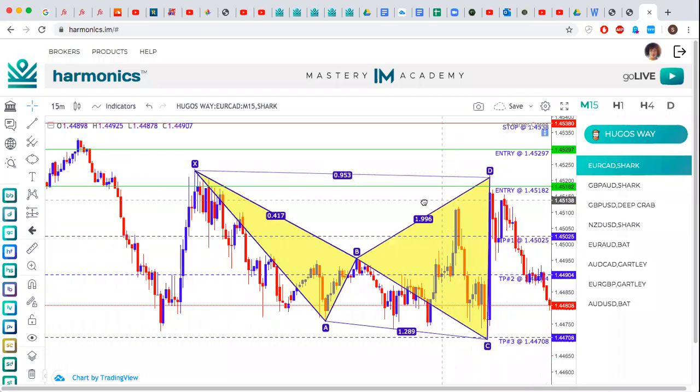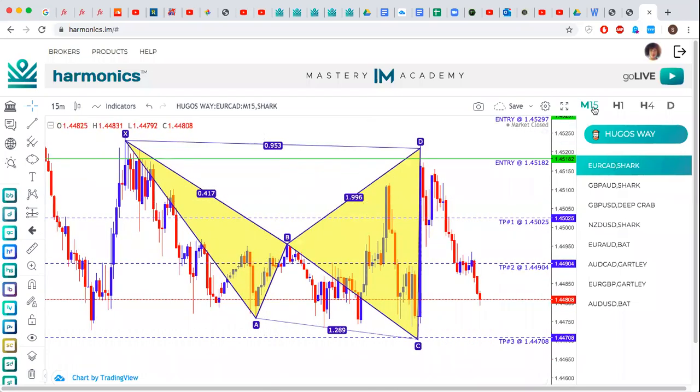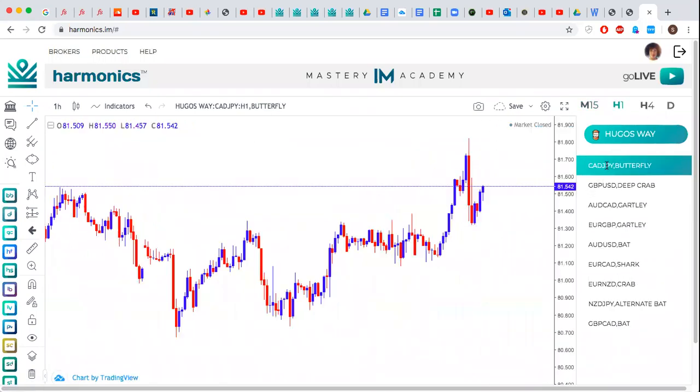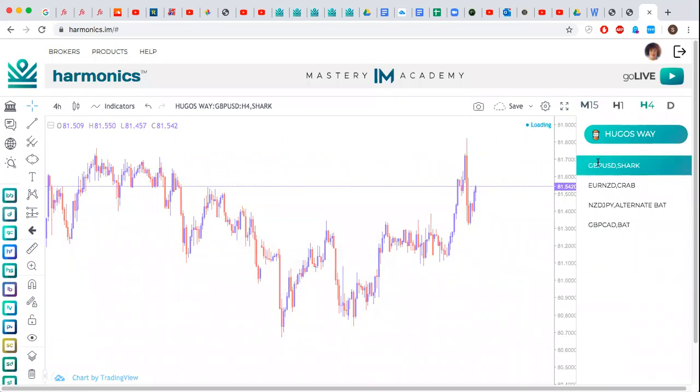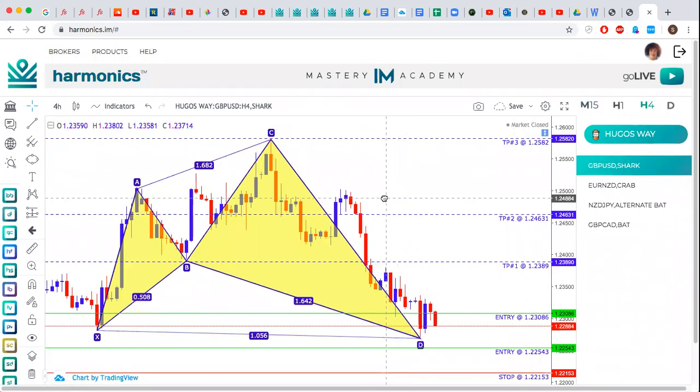But then at the same time, you see how accurate it is. If I look at the 15 minutes, we have a pattern here. It hit for a sell limit and dropped down to TP2, and it's even on its way to TP3. Let's go to the 1 hour. We have a pattern here that I just showed that completely went that way. And then on the 4 hour, let's see what we have there.